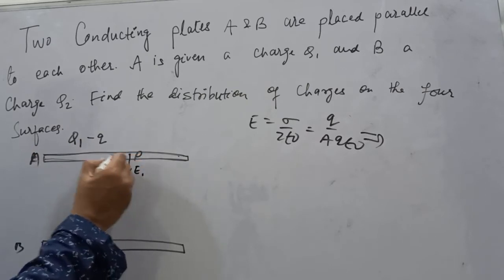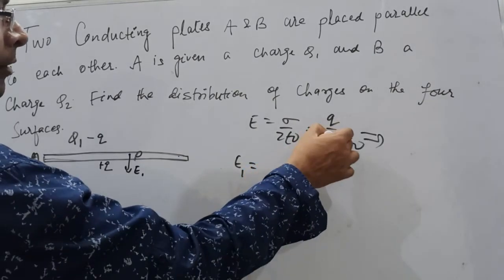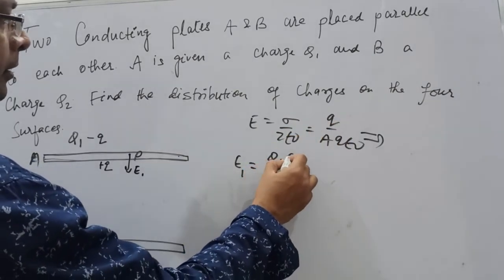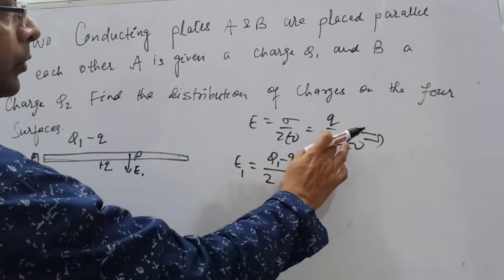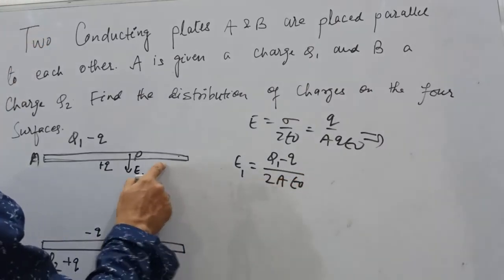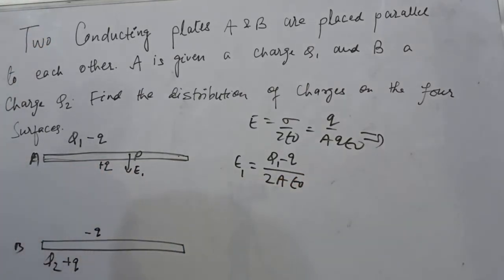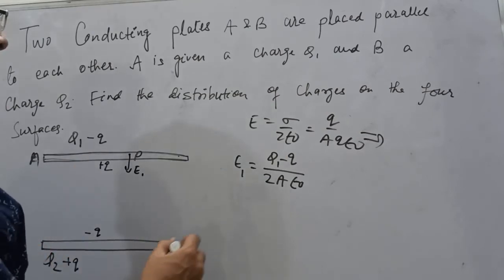Let it be E1. So I can write E1 is equal to, according to this formula, (Q1 minus q) upon 2A epsilon naught. Let the surface area of each plate be capital A only, since the two plates are parallel, meaning the area is the same for both plates.